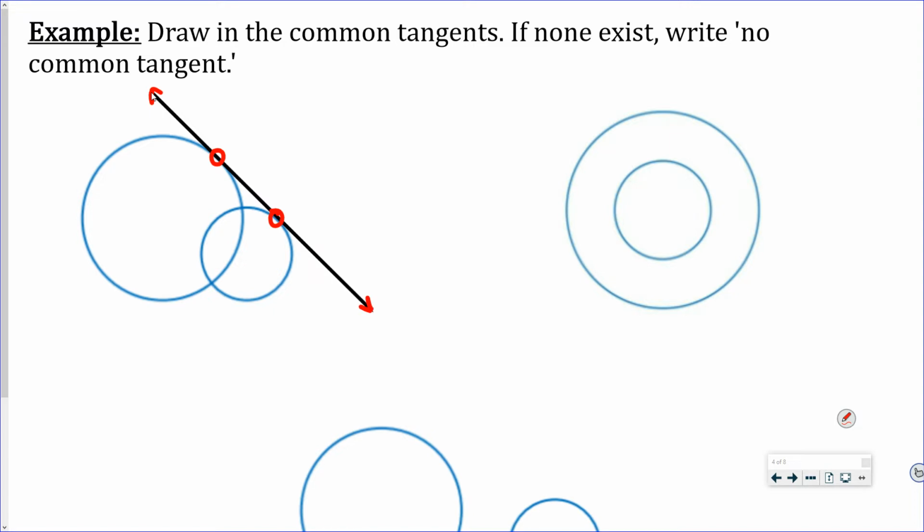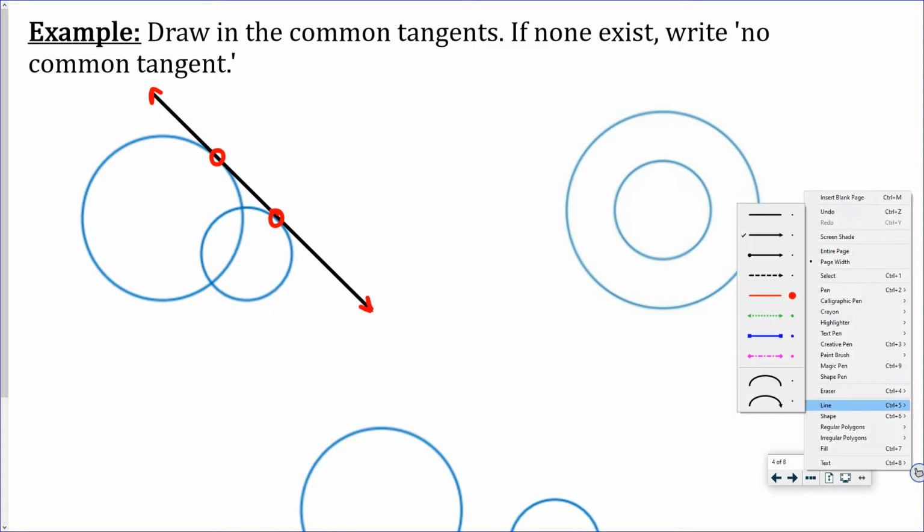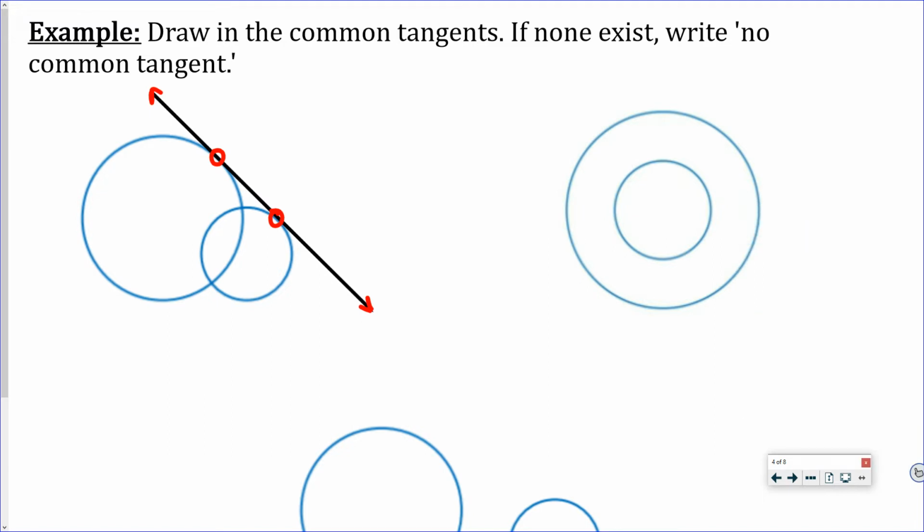Make sure you draw arrows on your tangent lines. Okay, I could do something below it like so. That intersects exactly once. Anybody else come up with another one? Can I do something like this? No.